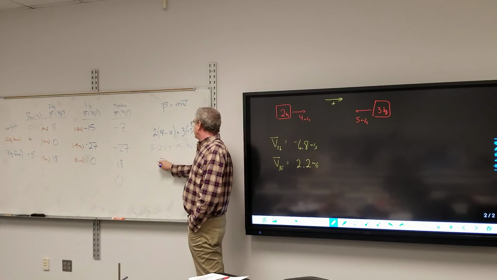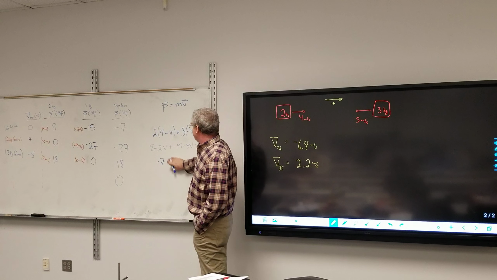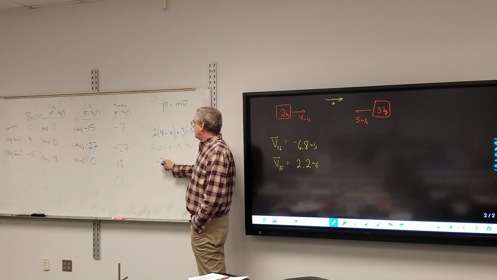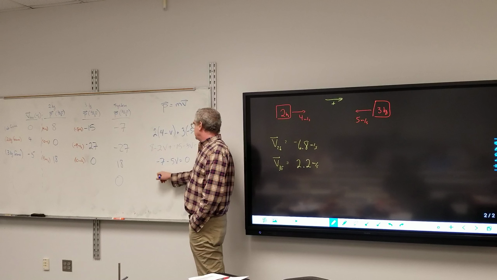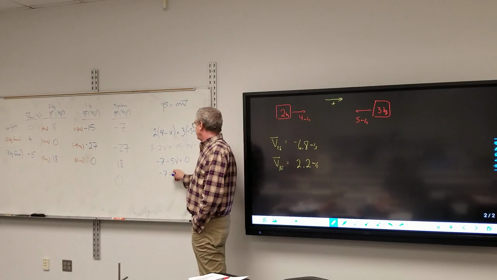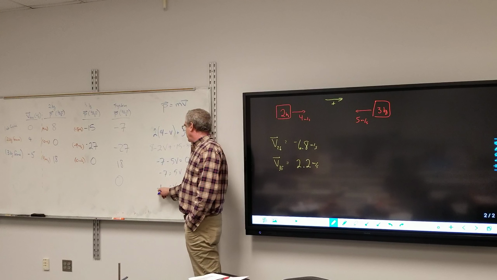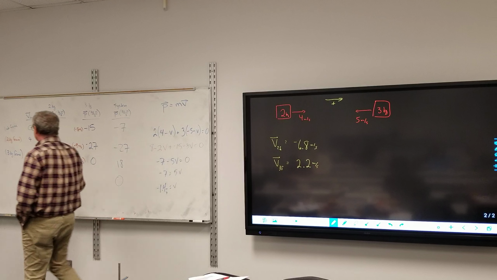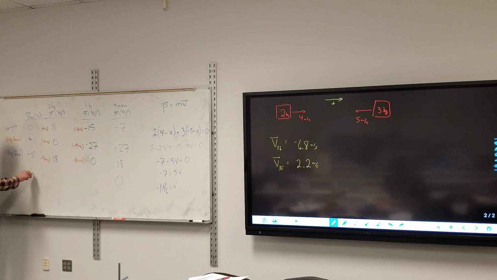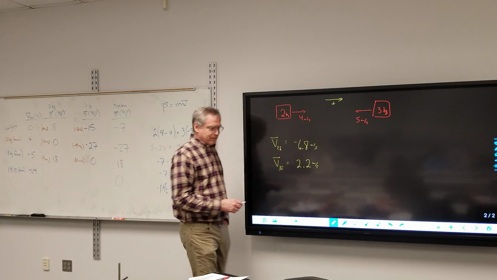I get -7 minus 5v equals 0. -7 equals 5v. v equals -1.4. This is the 0 momentum frame. And again, that's total momentum.